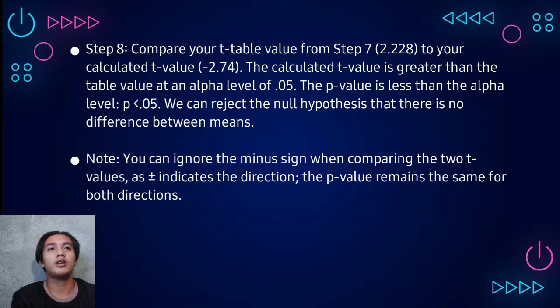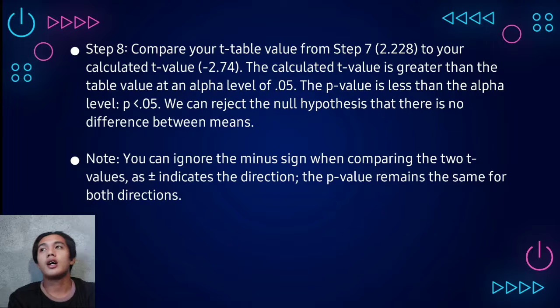Therefore, ang interpretation is the P value is less than the alpha level, or P is less than 0.05. Therefore, we can reject the null hypothesis that there is no difference between the means.